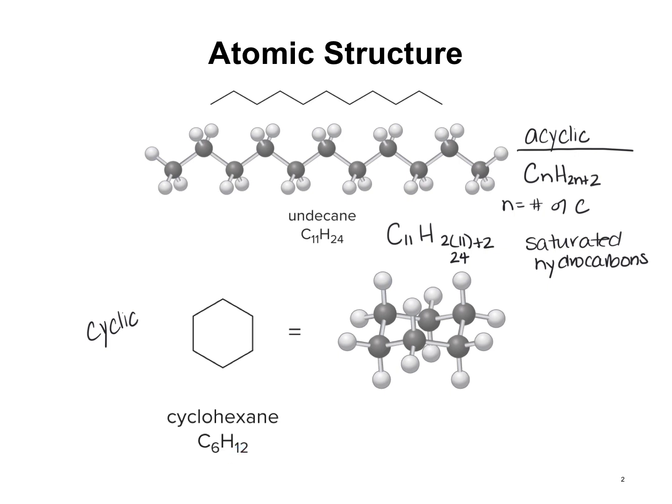So when you look at cycloalkanes, or alkanes that are cyclic, these have the general formula CnH2n, because they have 2 fewer hydrogen atoms than the acyclic alkane with the same number of carbons.